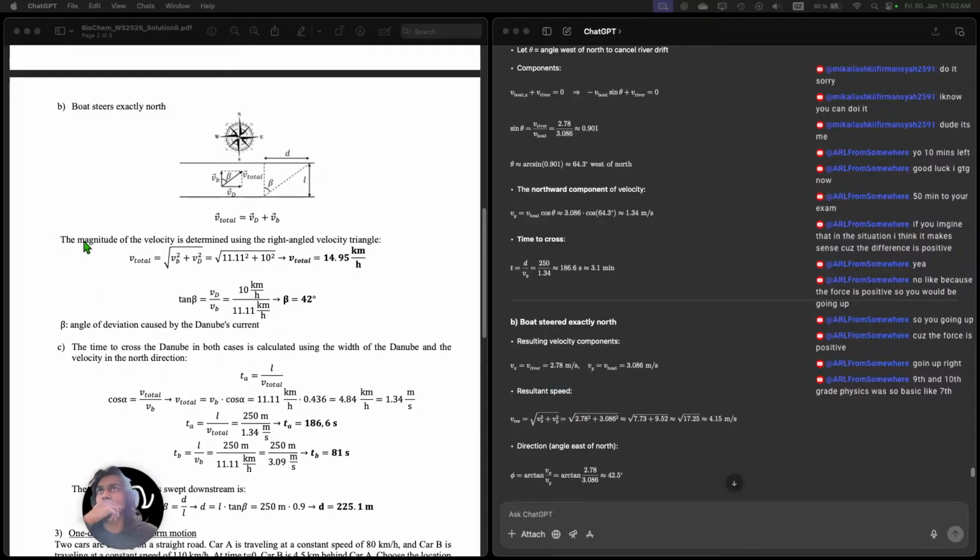I still didn't get this one. The magnitude of the velocity is determined by using the right angle velocity triangle. Okay. V total is equal to 14 point.